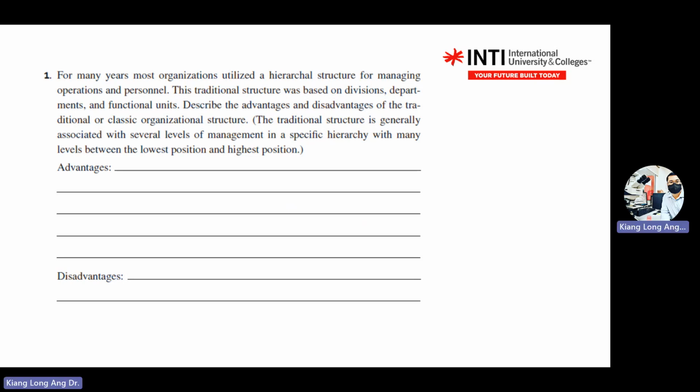Another one is coordination. Coordination might be difficult, especially when you have cross projects or multidiscipline projects. Crossing functions is a bit difficult for the traditional structure. So coordination is a bit difficult.